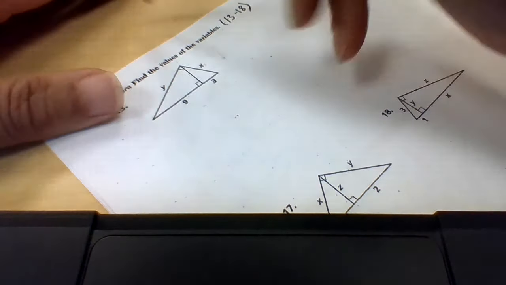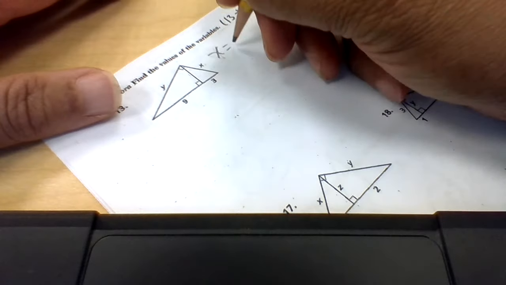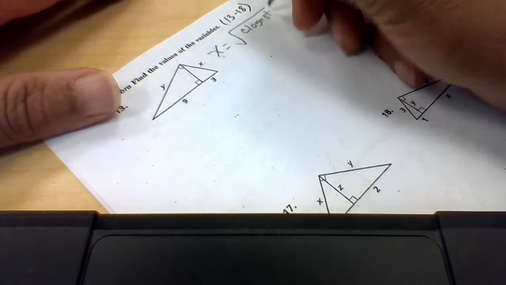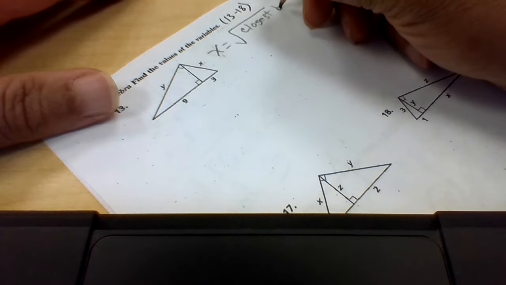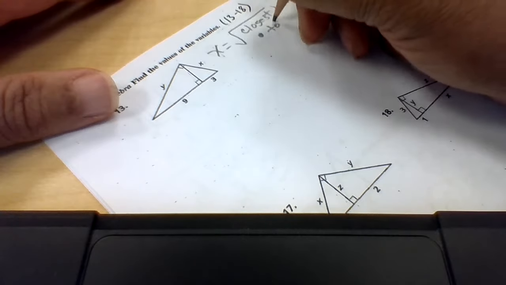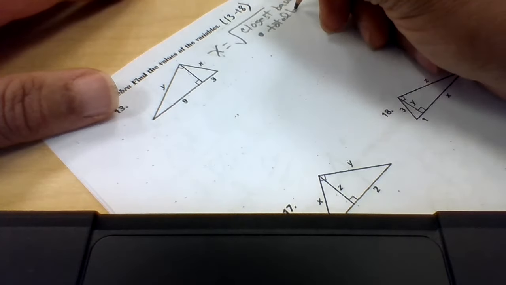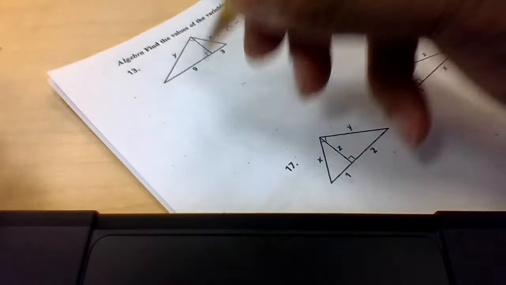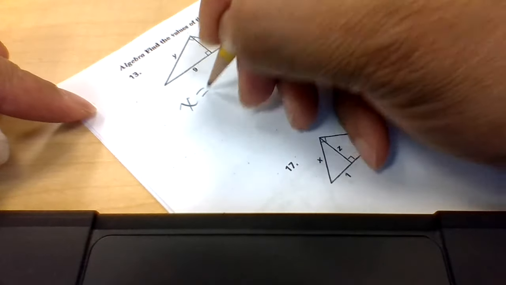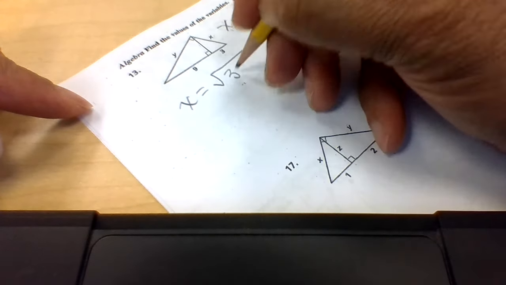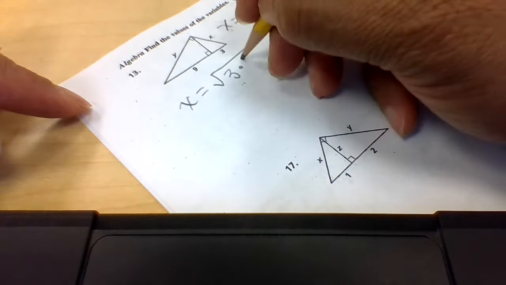x in this problem. X is going to equal the square root of the closest base times the total base. So in this problem, x is equal to the square root of the closest base, which is 3, times the total base, which is 12.